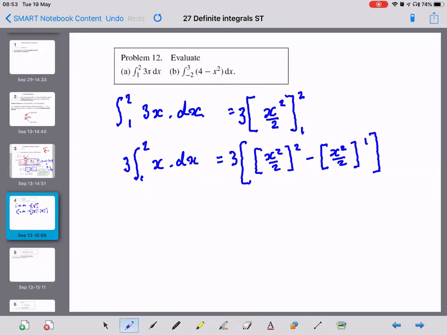So we then go equals 3, and then x is equal to 2, so that's 2 to the power 2 over 2, minus 1 to the power 2 over 2.